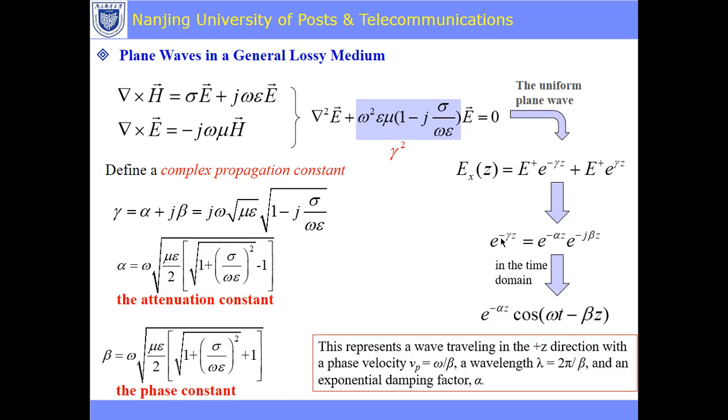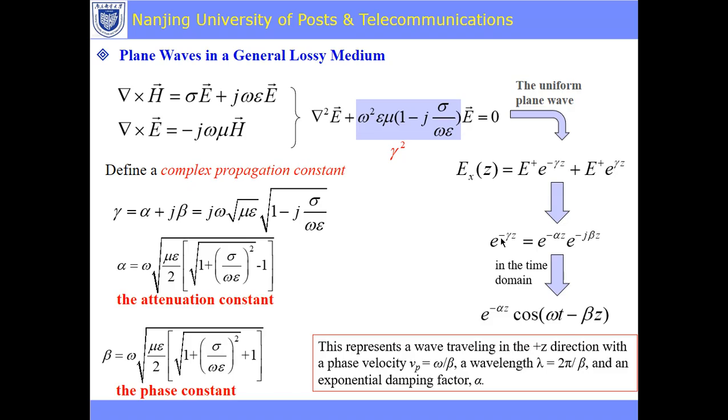What about alpha? Nepers per meter, right? Nepers. NP per m. Nepers per meter, yeah. Okay.